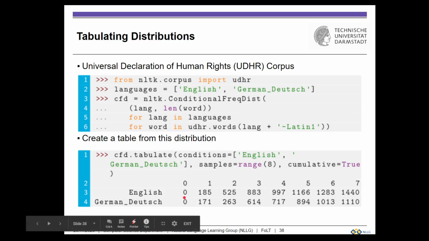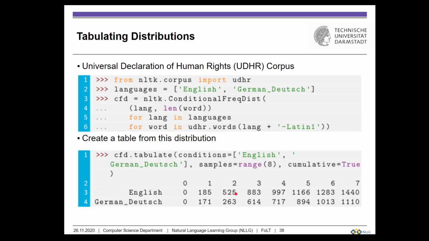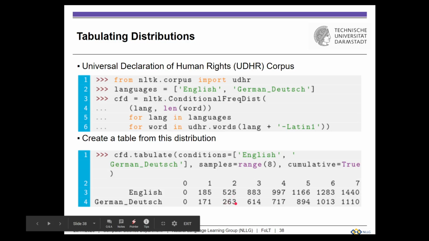Because apparently all the words in the languages have at least one character. Then we check how many words in English and German have one character, and you see it's 185 in English and 171 in German. Then we check how many words have two characters, and we see it's 525 in English and 263 in German.